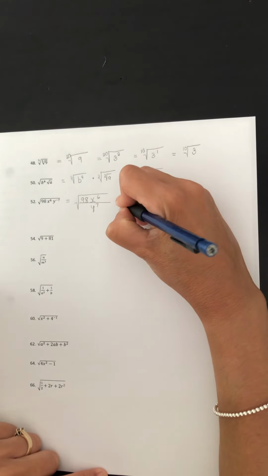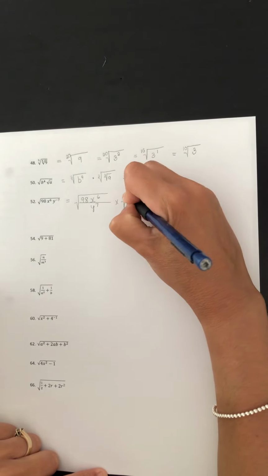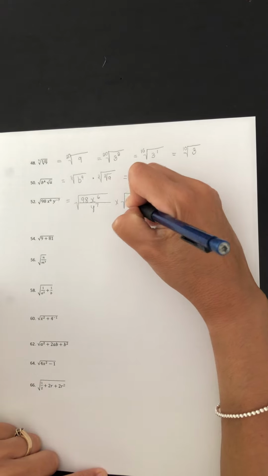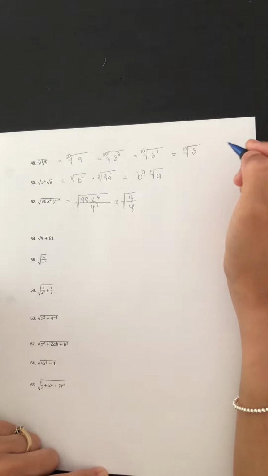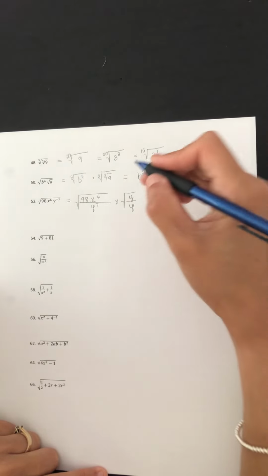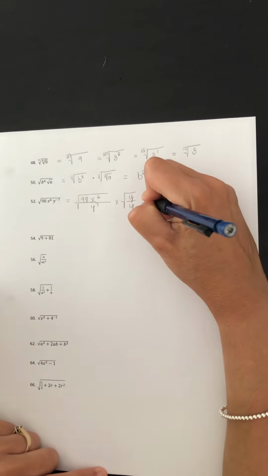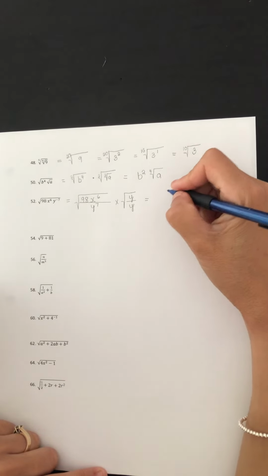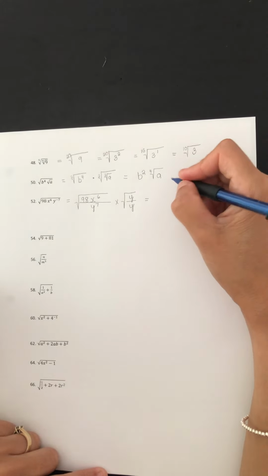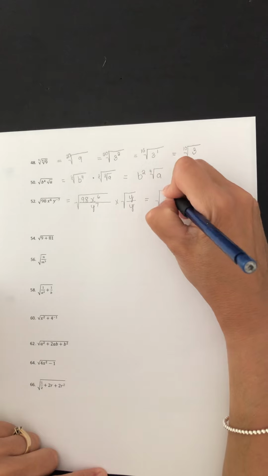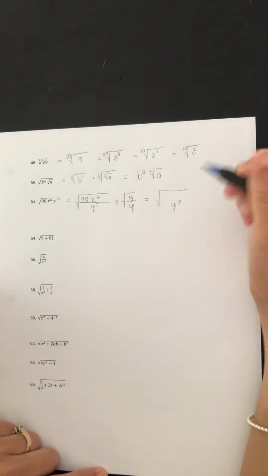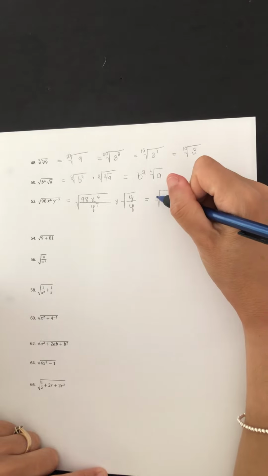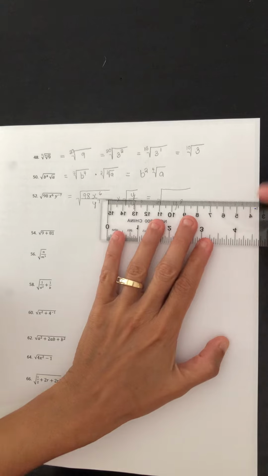So if I just multiply top and bottom by the square root of y, that'll give me y to the 8th in the denominator. Okay, so we're gonna have in our next step y to the 8 down here, which is good because remember the index is 2. So the square root of y to the 8 will be y to the 4.